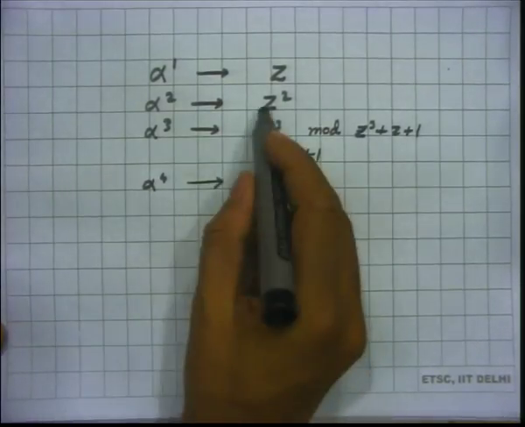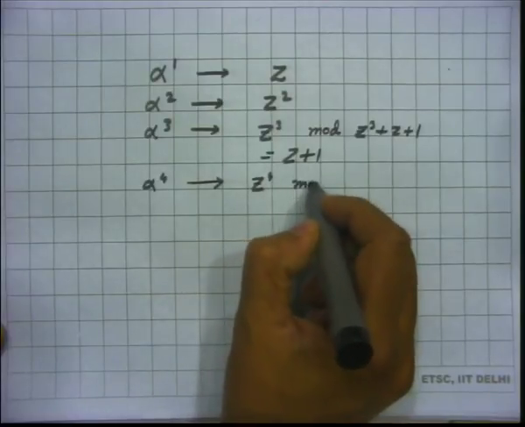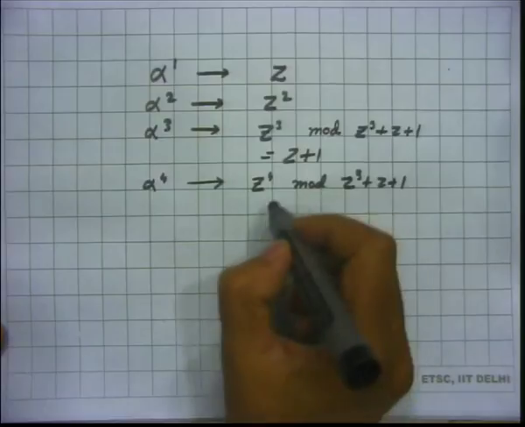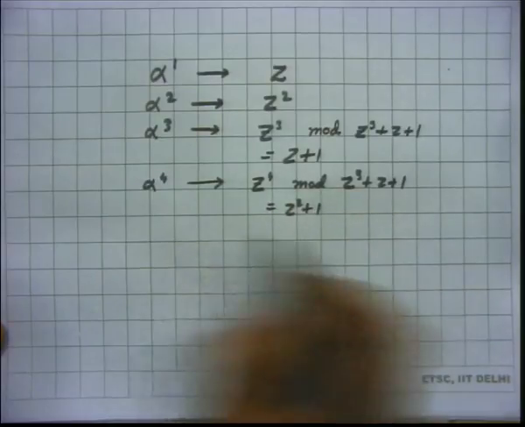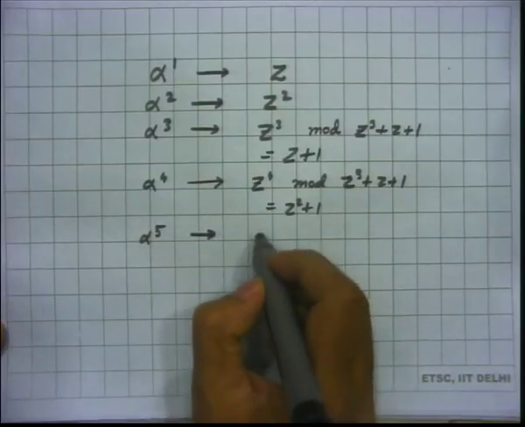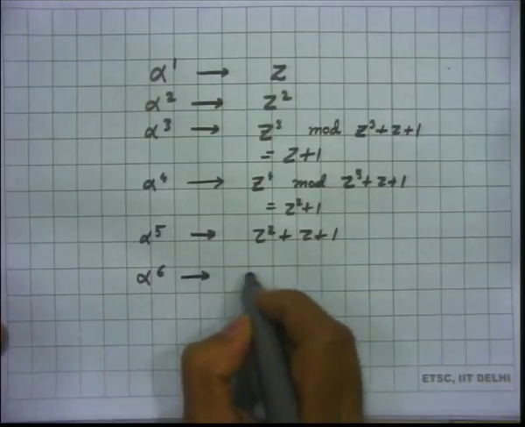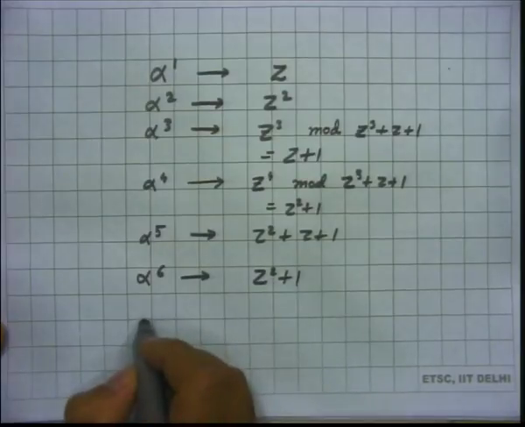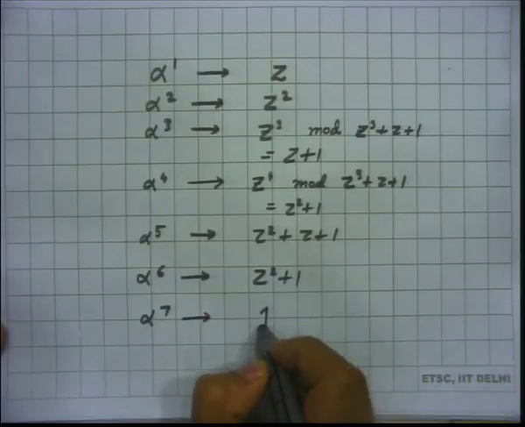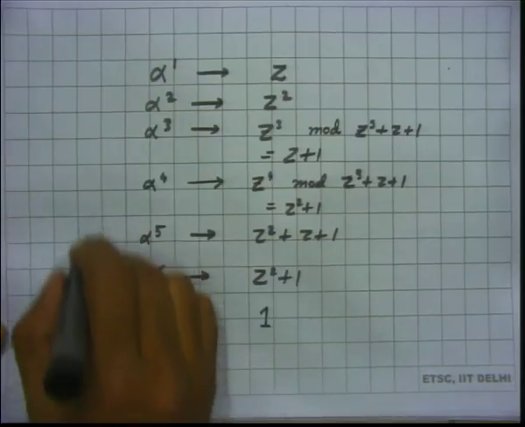So alpha 4 is represented as z to the power 4, and if you again take it modulo z cubed plus z plus 1, then you get z squared plus z. I can do this mechanically, alpha raised to the power 5, and I will get z squared plus z plus 1. I can do alpha 6, I will get z squared plus 1, and if I do alpha 7, you will magically get 1, and I can keep raising the power, and again I go back here.